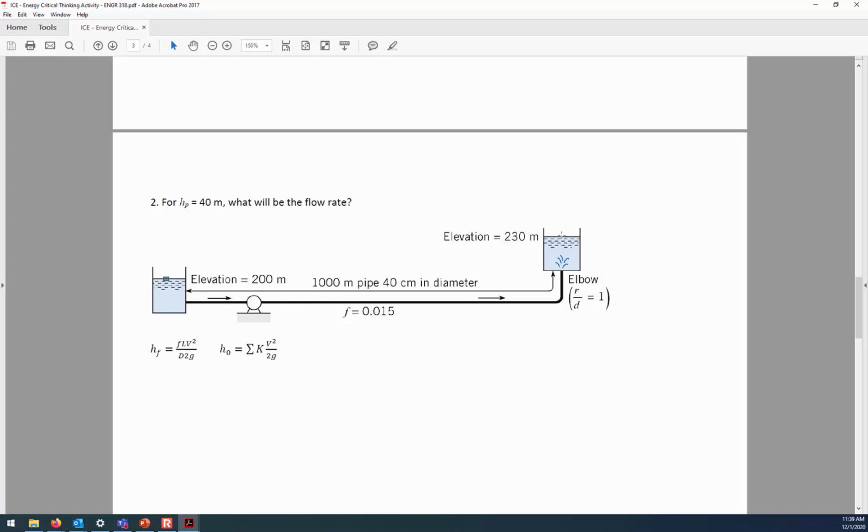There's no pressure at location 2. There's no velocity at 1 or 2, but there is a velocity in the pipe. So let me pause for just a second and give you a chance to try and solve for the V. What is the velocity of flow? And then once you know the velocity and the pipe diameter, you can get the flow rate. So start setting this up, beginning with the energy equation.